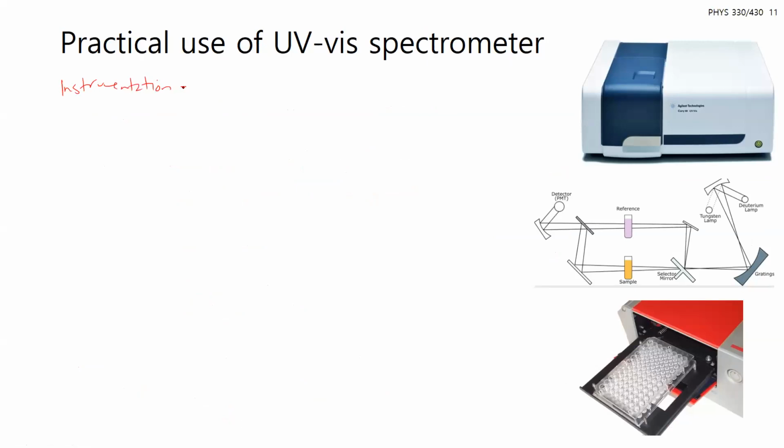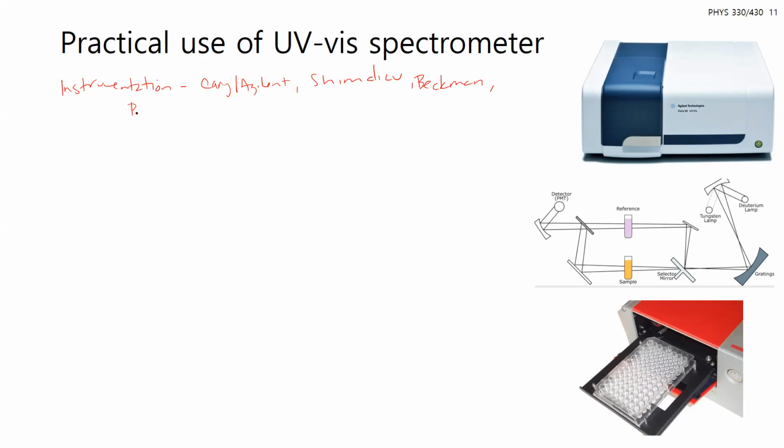UV-vis is the most common type of instrumentation you'll run into from different vendors. You'll see them made by many companies: Cary and Agilent, Shimadzu, Beckman Coulter, Thermo Fisher, VWR. They'll all be making their own type of UV-vis.